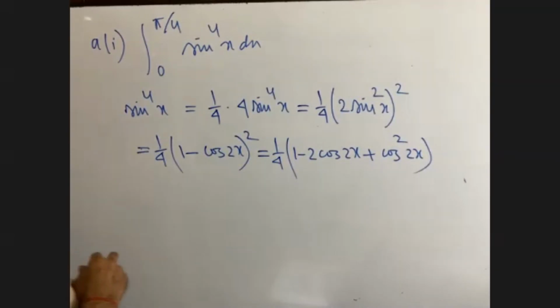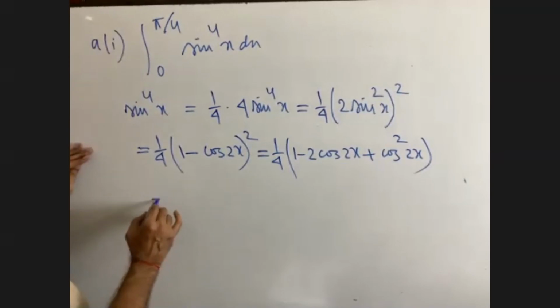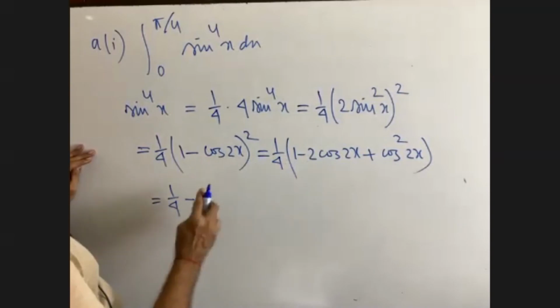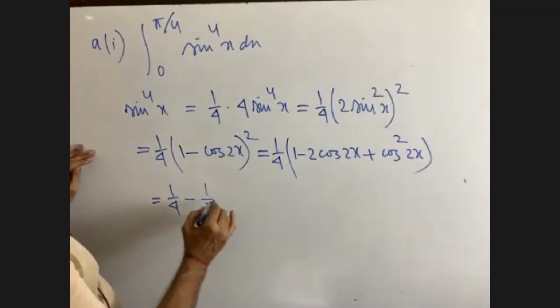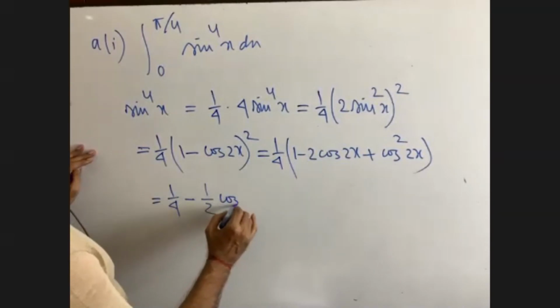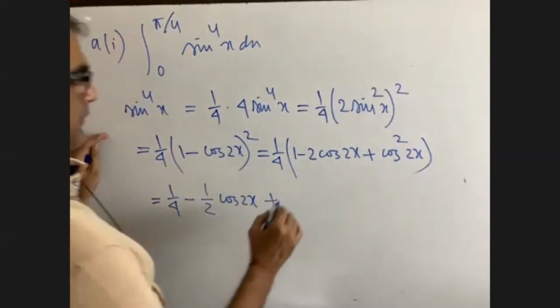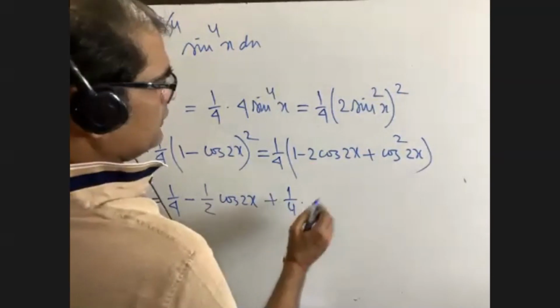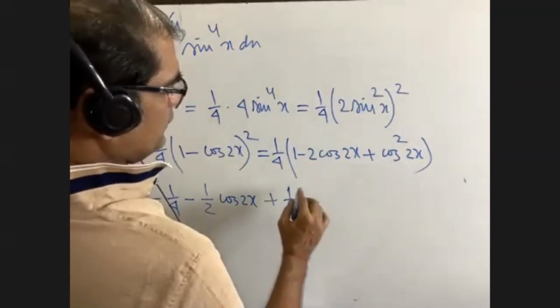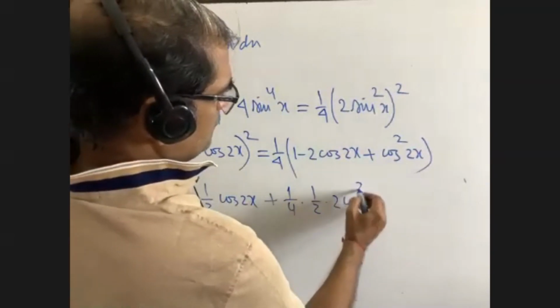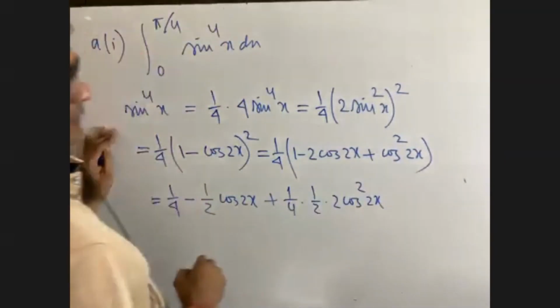Okay, that is 1 by 4 minus 2 by 4, that is half cosine 2x, plus 1 by 4 into this, so we can write here half into 2 cos square 2x.